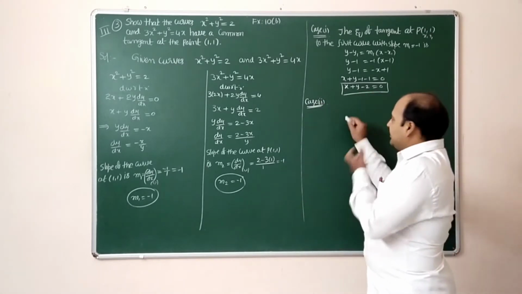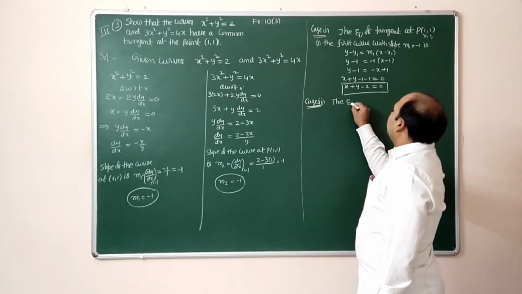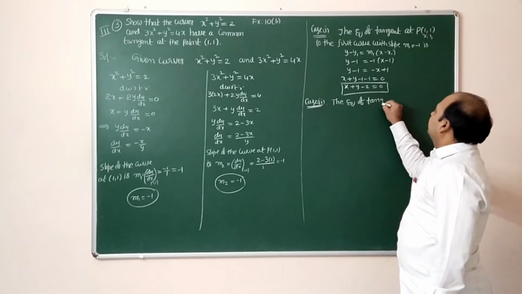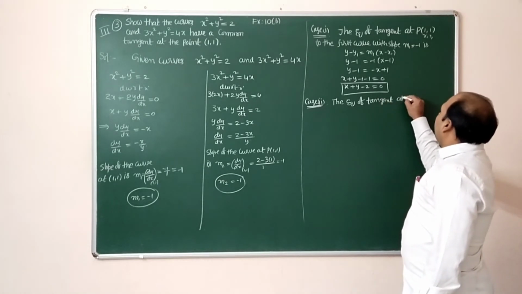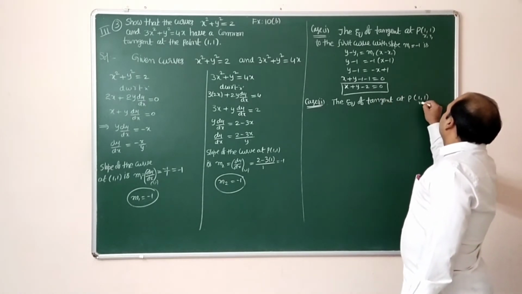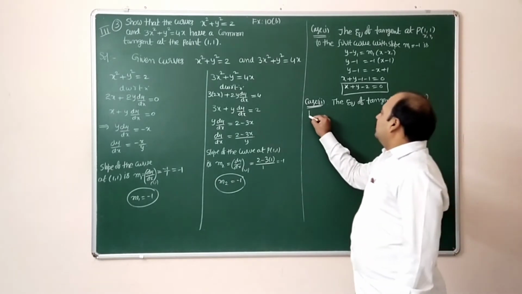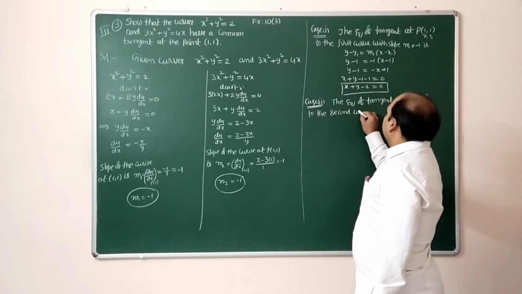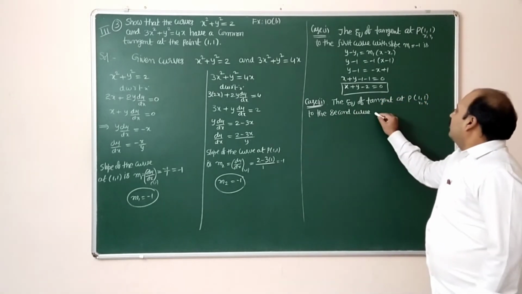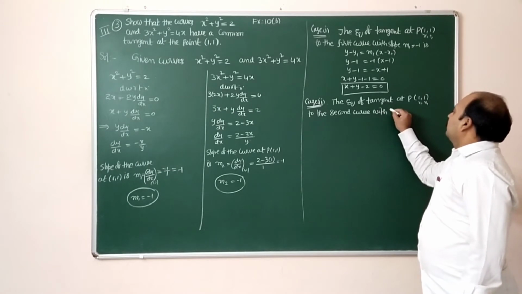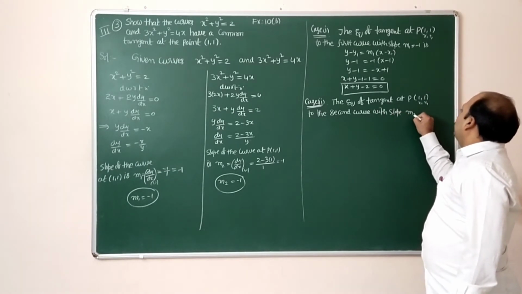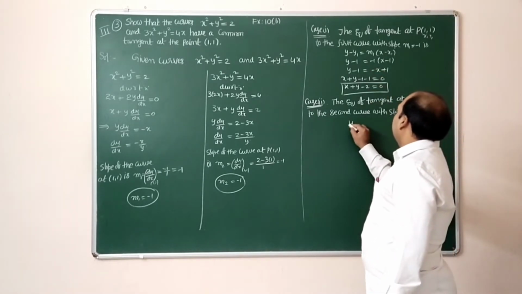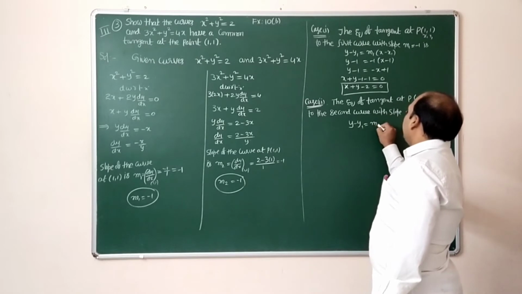the equation of tangent at P of 1, 1 to the second curve, with slope m2 equal to minus 1 is, same formula, y minus y1 equal to m2 into x minus x1.